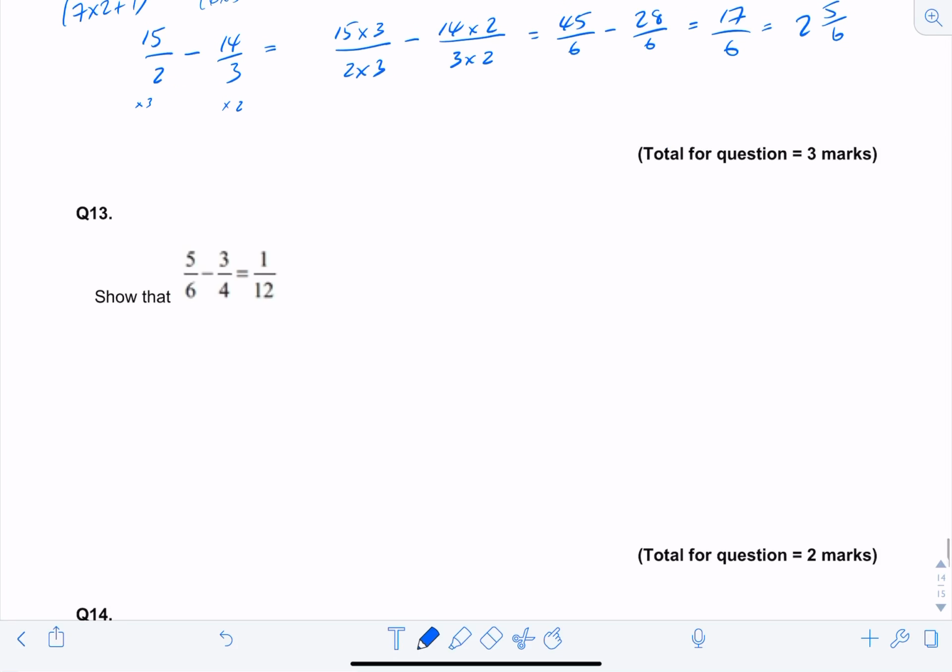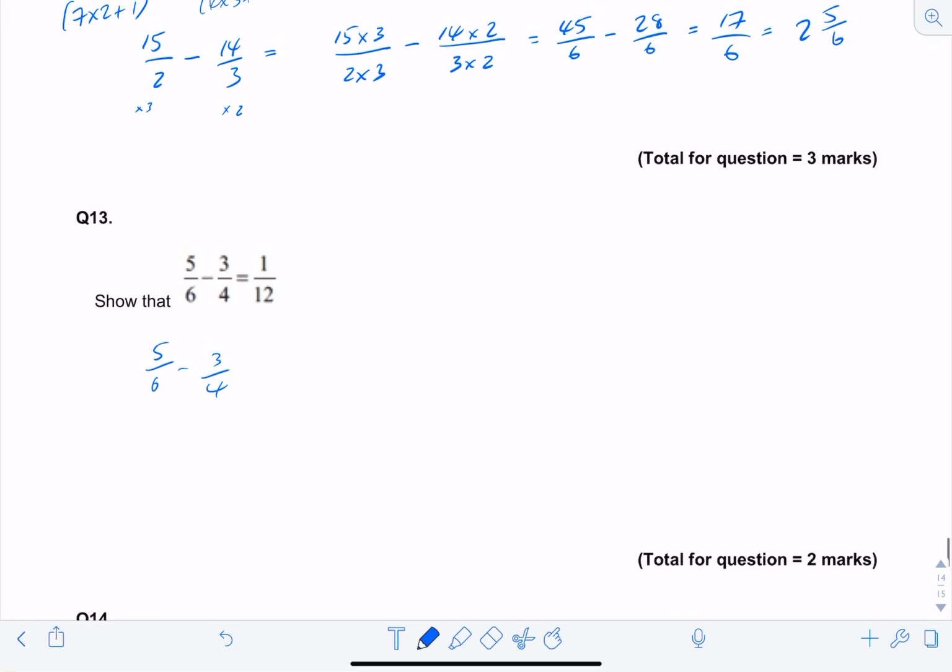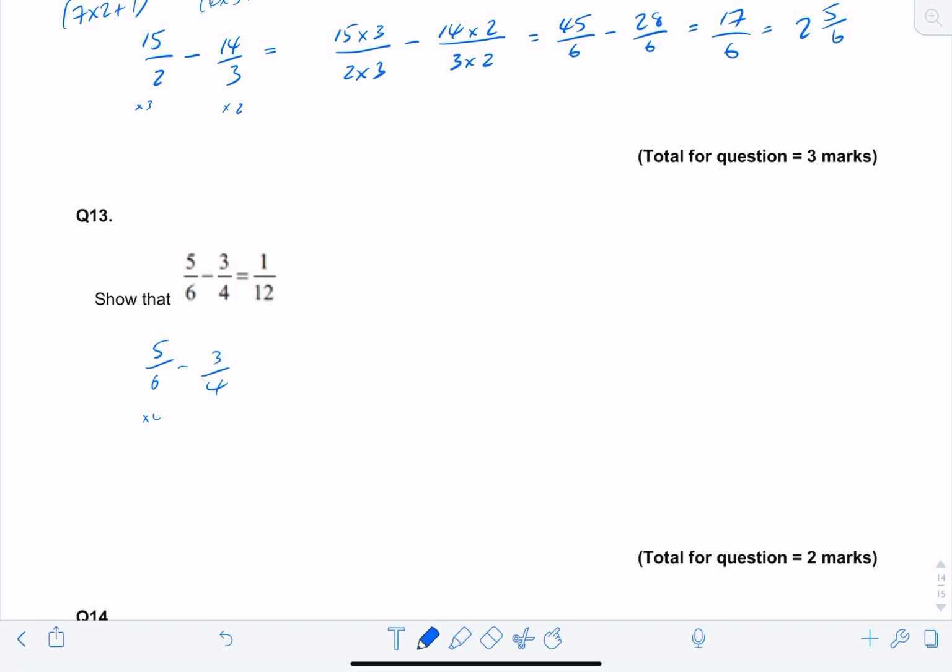Show that. Okay, again, I've got 5 over 6 minus 3 over 4. I'm going to times my numerator and denominator by 4 and by 6.